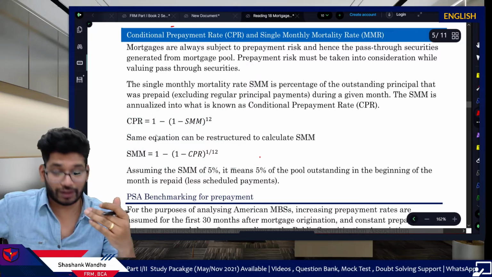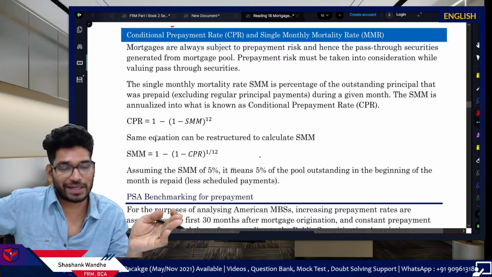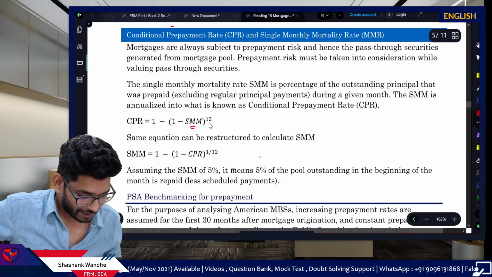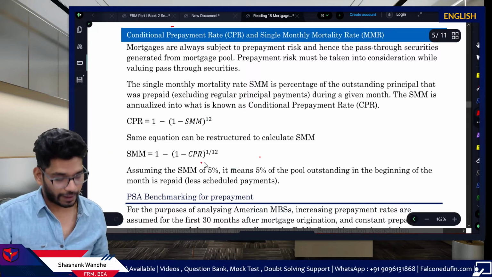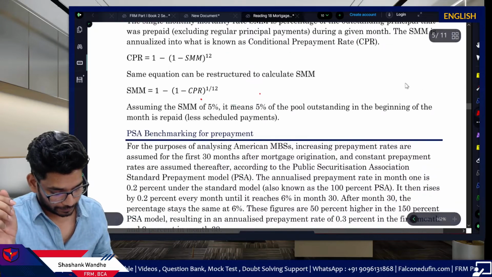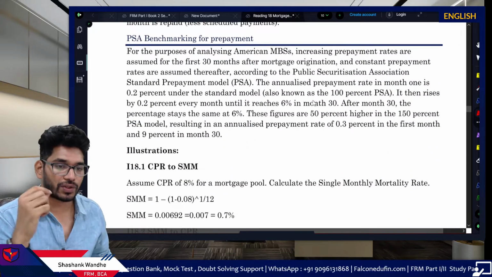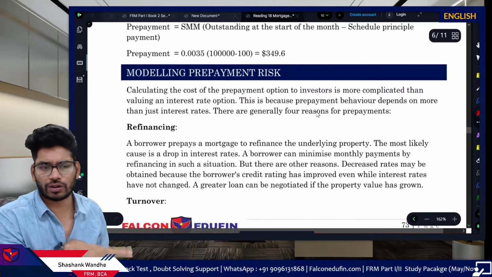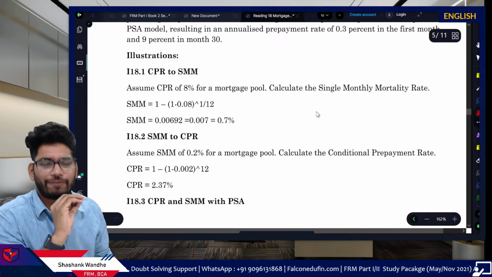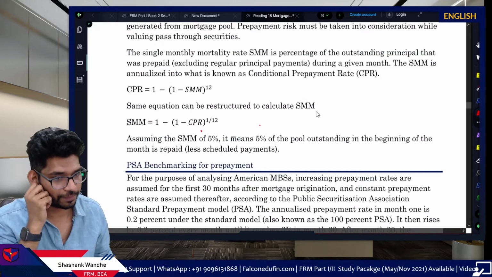The only thing I can explain is the reason for 12, because 12 months. As simple as that. The next concept here is we will see the illustrations. I have a lot of illustrations for you. Don't worry about it. We will cover every possible type of question from this particular topic, right?